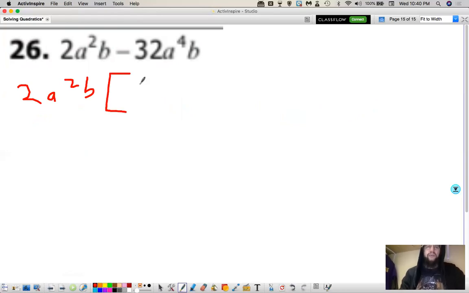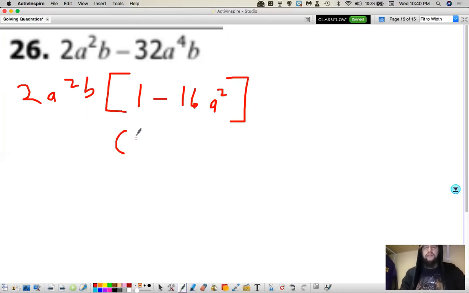Oh, that's going to leave me with 1 minus 16 A squared. Difference of squares. 1 is 1 squared. 16 is 4 squared. A squared is A squared.